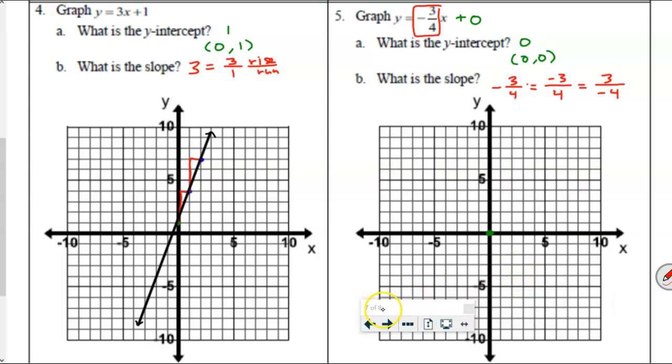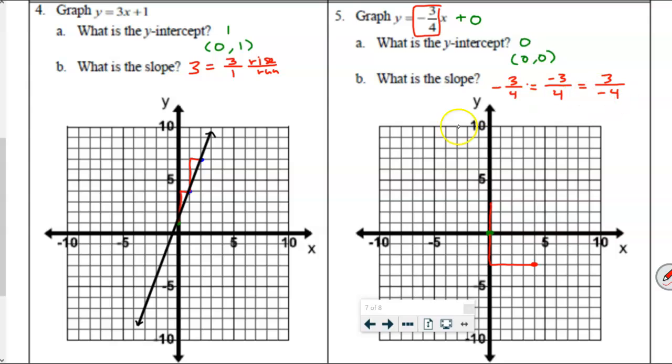Let me show you what I mean by that. This is my starting point. So from here, I'm going to rise a -3. That means I'm falling. And I'm going to run a +4. That means I'm going to the right. There is one of those points. What if I did it the other way? What if in that same starting point, I decided to rise +3? That means I'm going up 3.